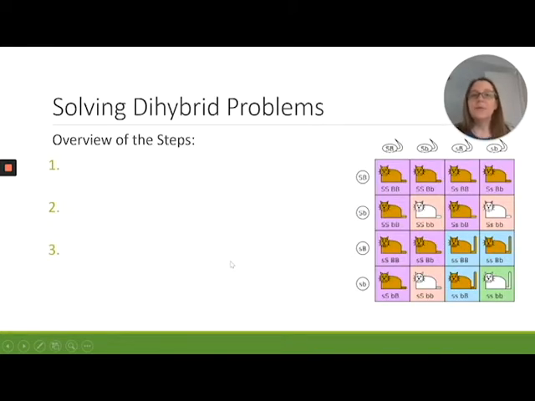All right, so how do you solve dihybrid cross problems? This is what a completed dihybrid cross looks like, and it has some fun little cats with long tails and short tails and coloring. So the 2 traits in this one is the coloring, whether it's brown or white, and whether it has a short tail or a long tail.